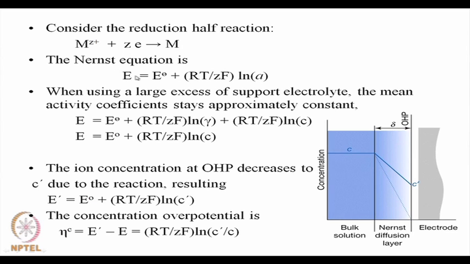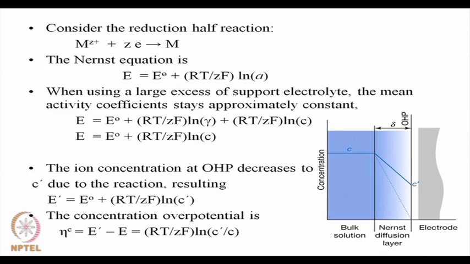Now, this is your Nernst relation: E is equal to E0 bar plus RT by ZF ln a. So, when using a large excess of support electrolyte, as I told you, the key ingredient for these experiments is the background or support electrolyte, the mean activity coefficient stays approximately constant, because your ionic strength is huge.